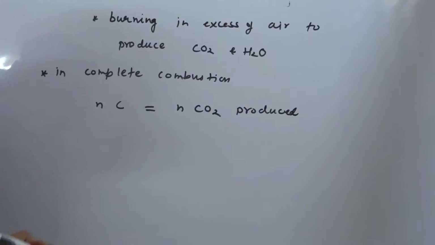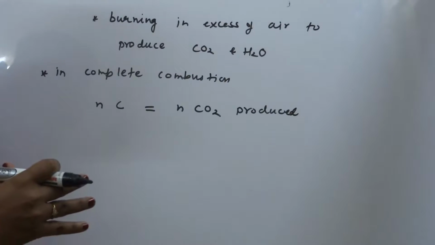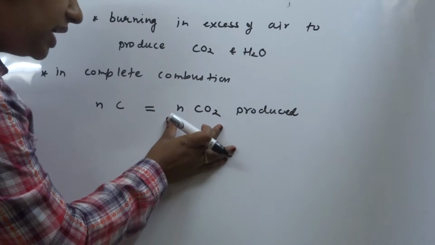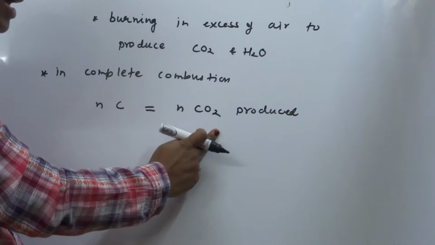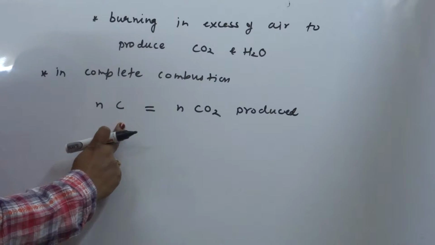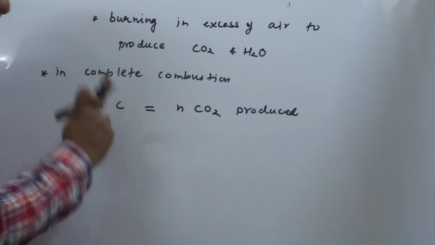Why? Because we are burning the compound completely, so whatever is the amount of carbon in the original sample, it will convert completely into carbon dioxide. That's why if we can calculate the number of moles of carbon dioxide, we can calculate the number of moles of carbon present in the original sample.